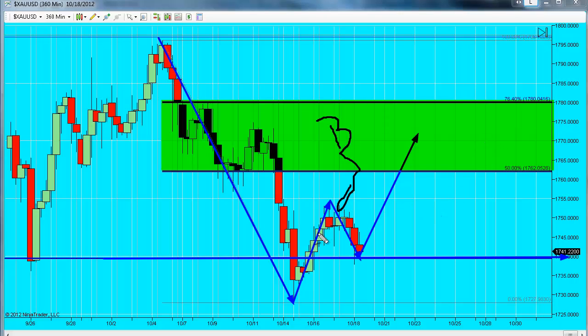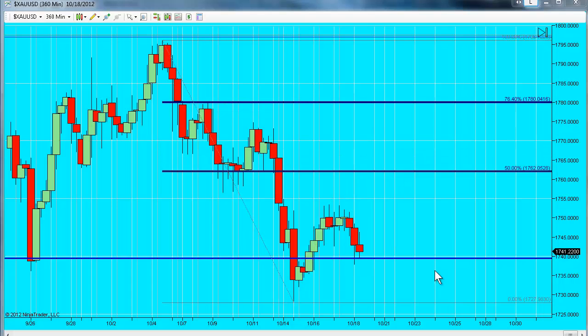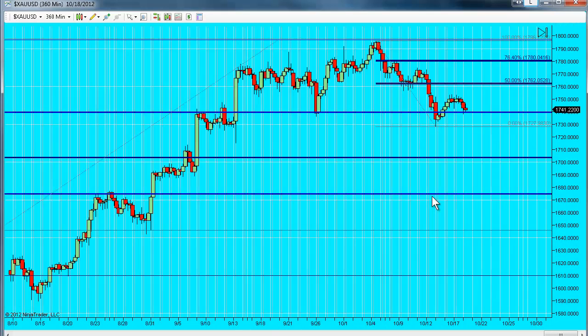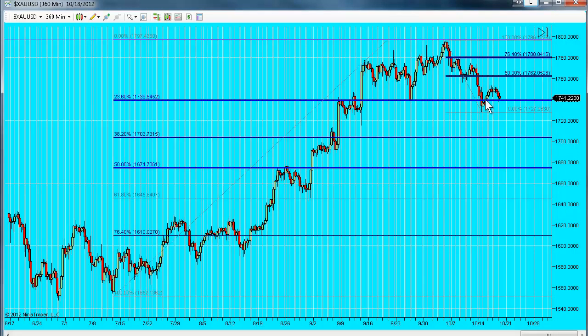So that one play might in fact be to enter the market from the long side once we have some sort of bottom action or confirmation that we've hit the bottom. And this is an area absolutely to look at, because if it can hold the 1739, which I said is a pretty critical number, and again, when we go ahead and compress this chart, it becomes quite evident as to why it is.